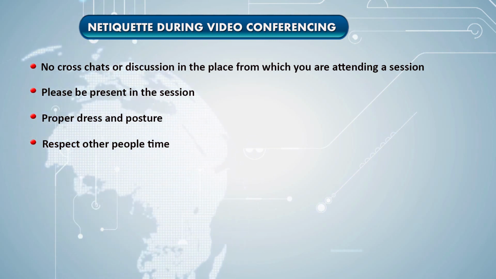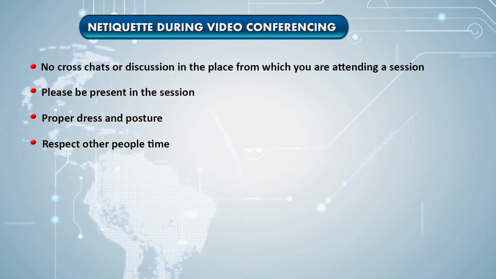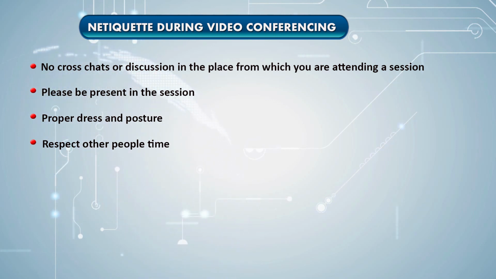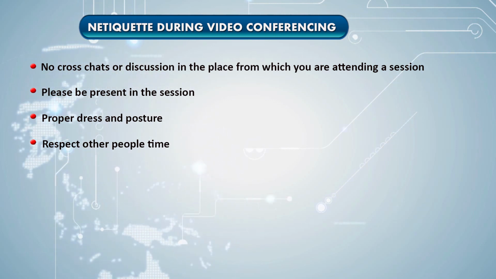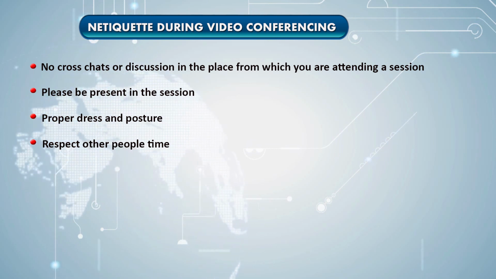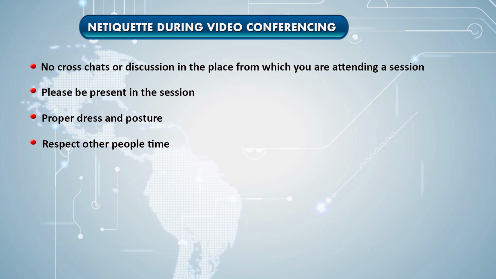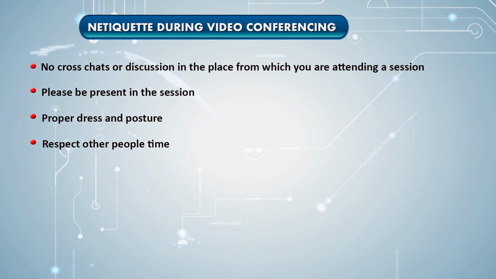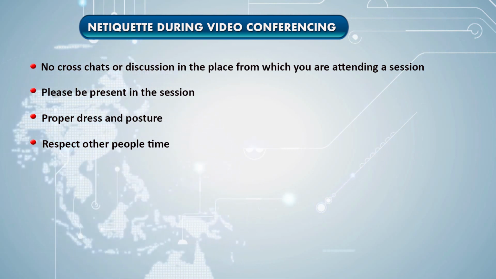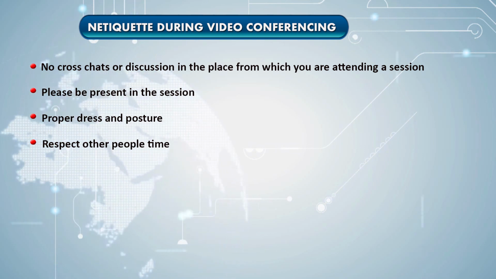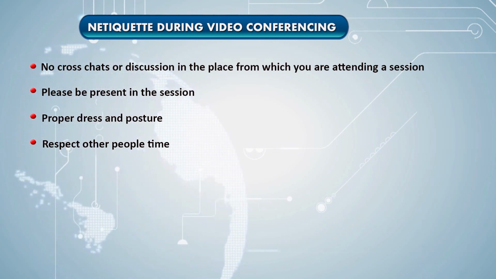When we are dealing with an online system, these times are short, right? We have limited time and we should respect everybody else's time. So time is going to be one of the most essential, as well as our etiquettes, our netiquettes are going to be one of the most essential features while discussing our video conferencing sessions.